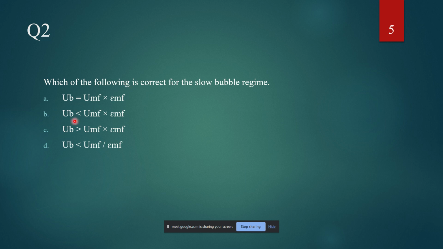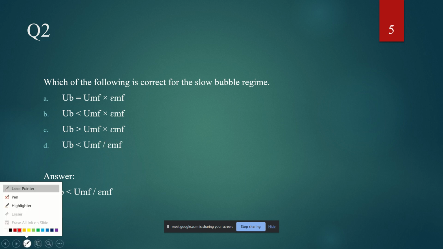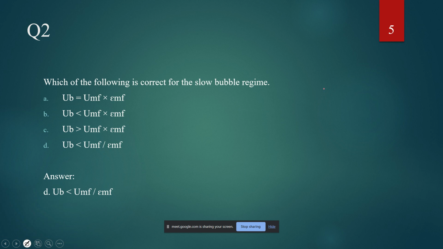So the right answer is that the bubble velocity should be less than UMF by epsilon MF. Option D is the right answer, wherein bubble velocity is less than UMF by epsilon MF. So what does slow bubble mean and what does fast bubble mean? Slow bubble means that if this is the bubble, the gas enters from this way and it moves towards the top.